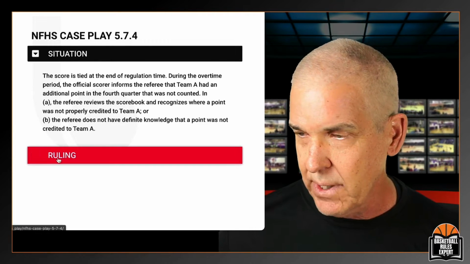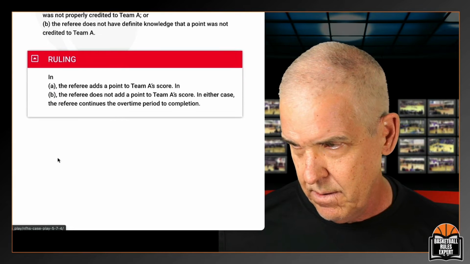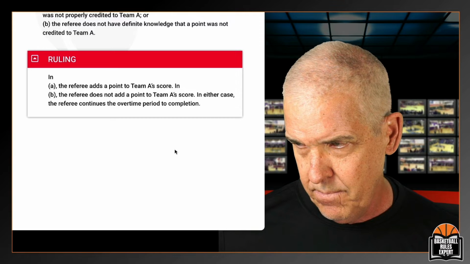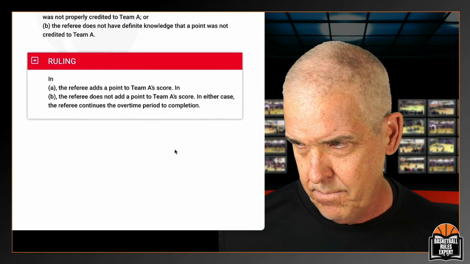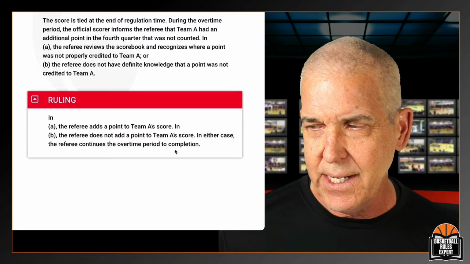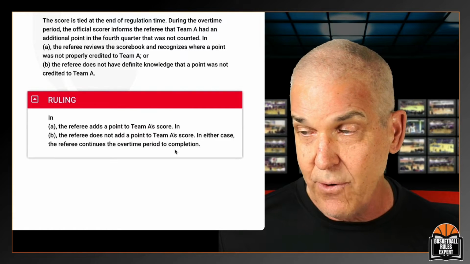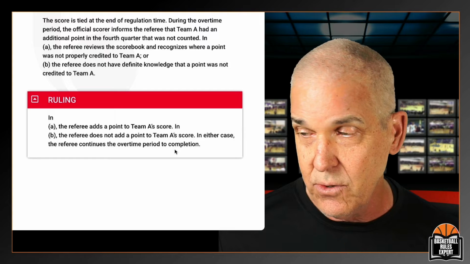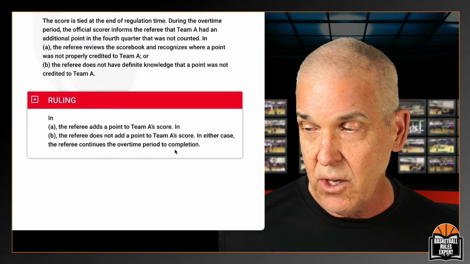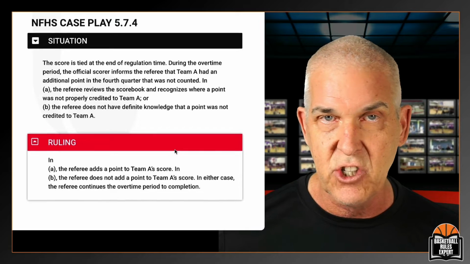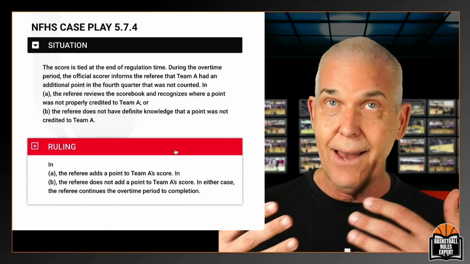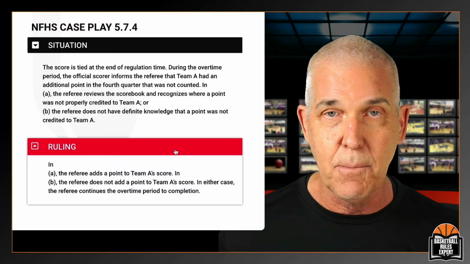Let's take a look at the ruling. In A, the referee adds a point to Team A's score, and in B, the referee does not add a point to Team A's score. In either case, the referee continues the overtime period to completion. Interesting. Okay, so if we have definite knowledge, obviously we're going to add the point.